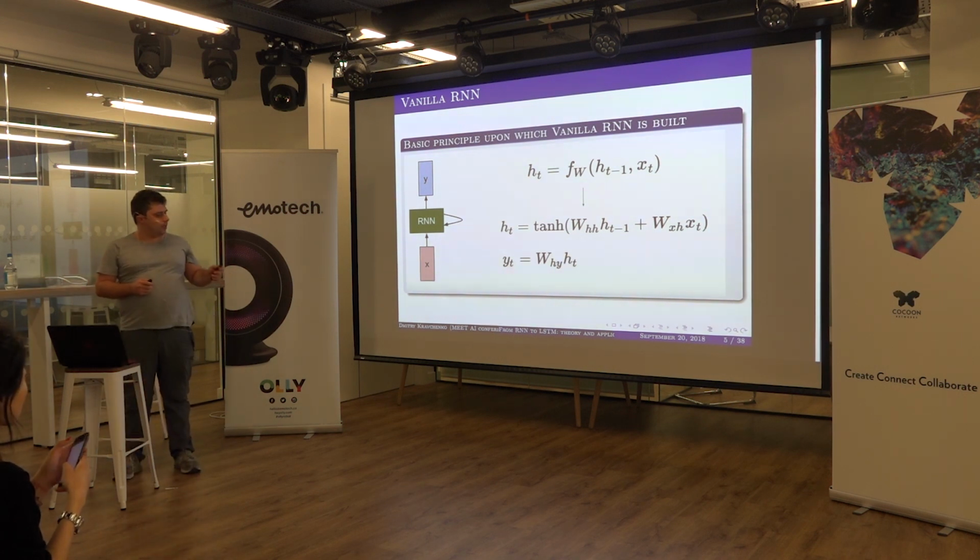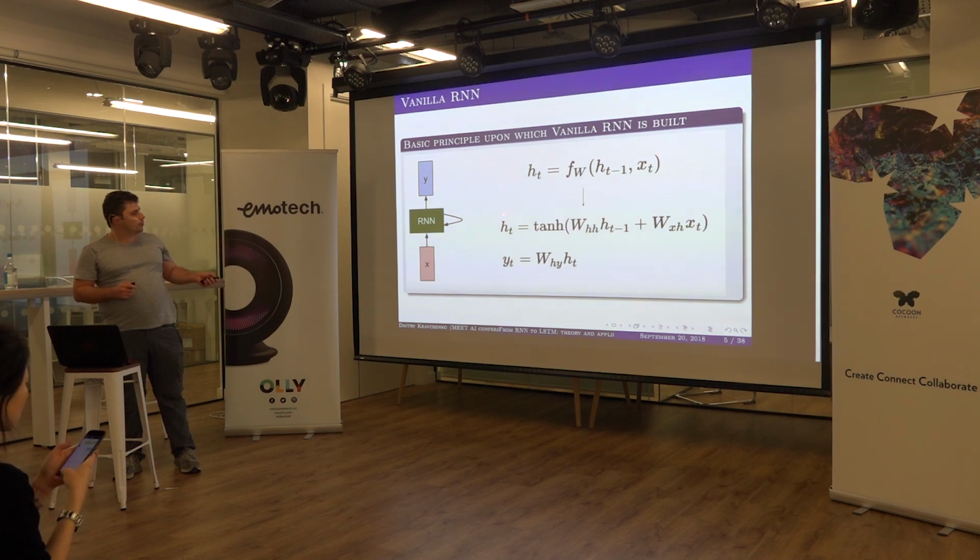ht minus 1 and xt. This one is xt and this is ht minus 1, and this way we calculate the hidden state ht.